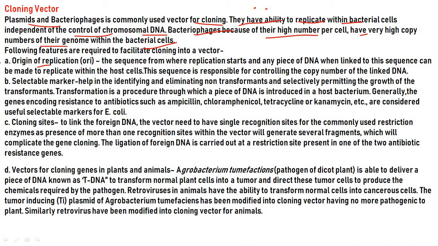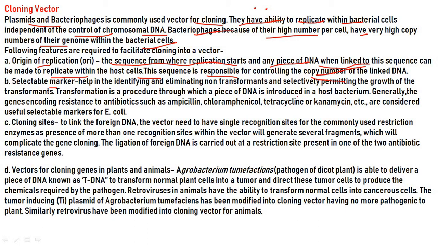Here it is. Origin of replication is the sequence from where the replication starts, and any piece of DNA linked to this sequence can be made to replicate within the host cells. This sequence is responsible for controlling the copy number of the linked DNA. Now coming to the second feature, the selectable marker, which helps in identifying and eliminating non-transformants and selectively permitting the growth of the transformants.